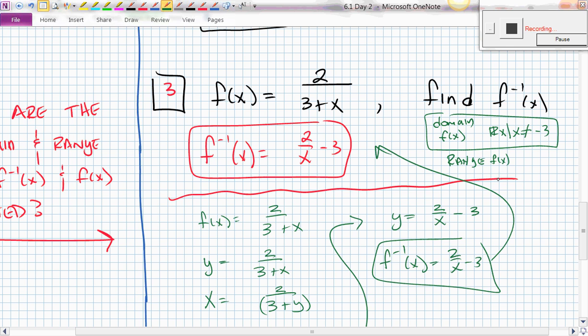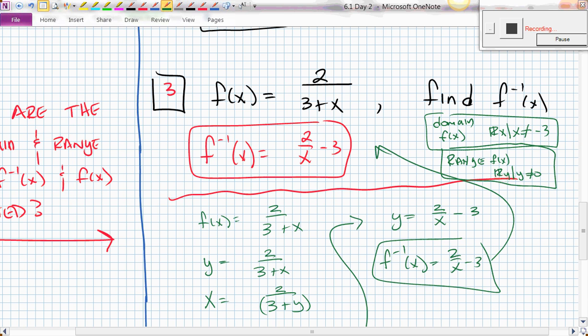Think about this. It's a rational function, correct? It's a proper rational function because the degree on the top is smaller than the degree on the bottom. So where's the horizontal asymptote? y equals 0. So the range of f of x is all real y such that y is not equal to 0.